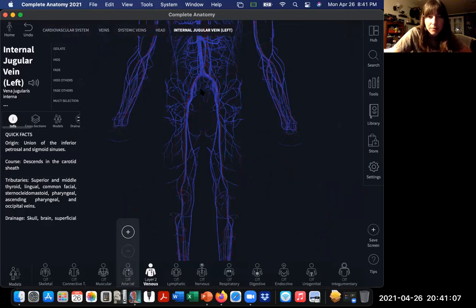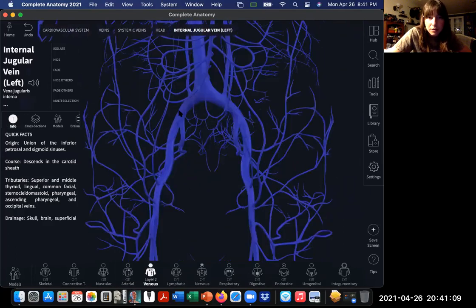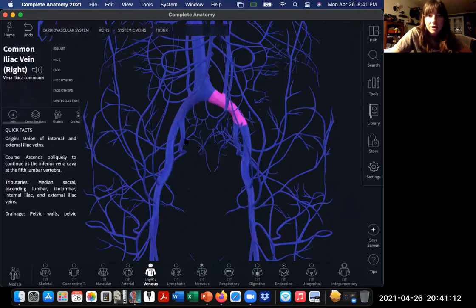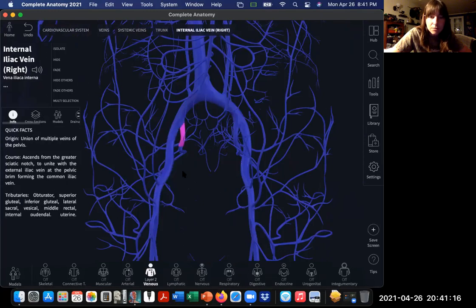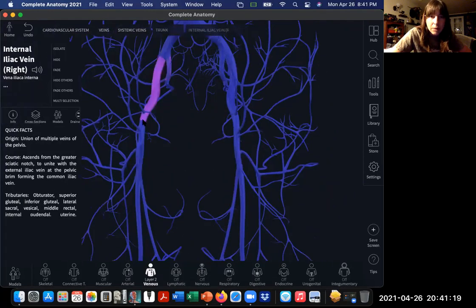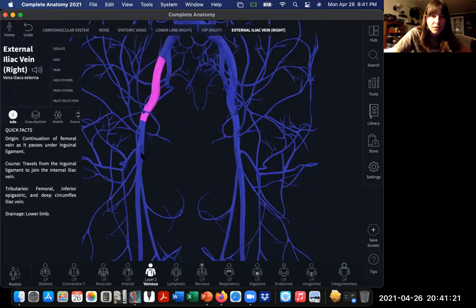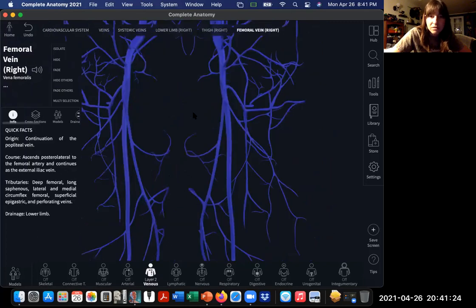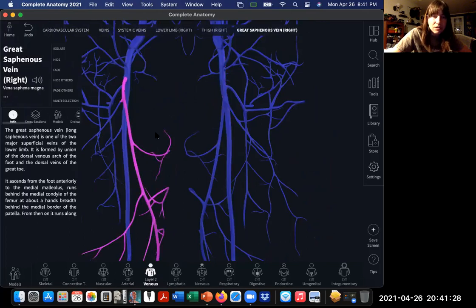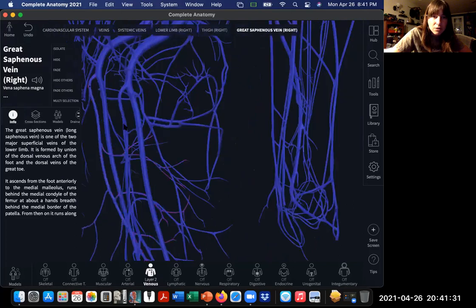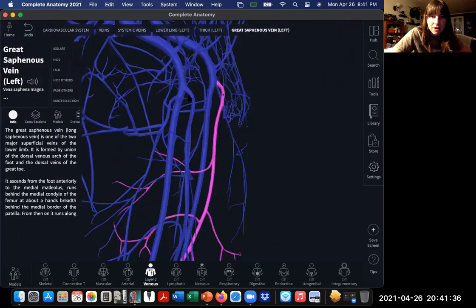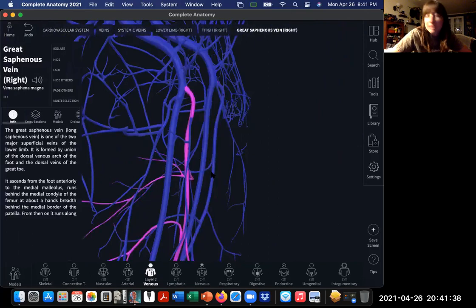All right, so common iliac coming from the external and the internal. The external comes from the femoral, same on both sides. The femoral is going to be contributed to by this great saphenous vein, which is very superficial, near the skin.